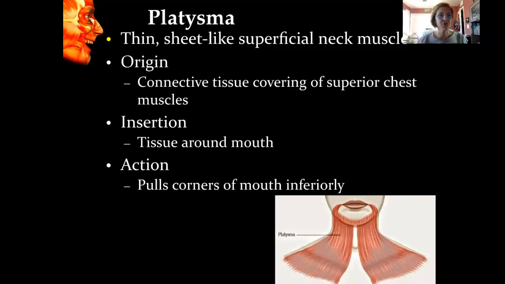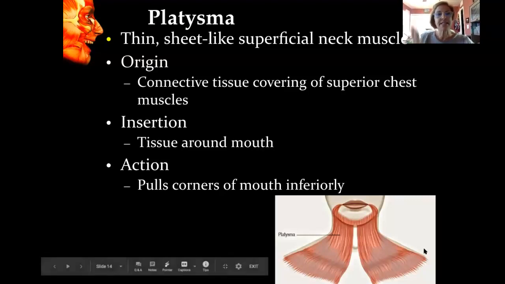So connective tissue of the upper portion of your chest, inserting on the tissue around your mouth, and it causes you to pull your lips down. An exaggerated frown, a lizard face, whatever. Frog? Maybe it's a frog face. I don't know. So that's the platysma, big flat muscle. Underneath the platysma, any questions on that one?